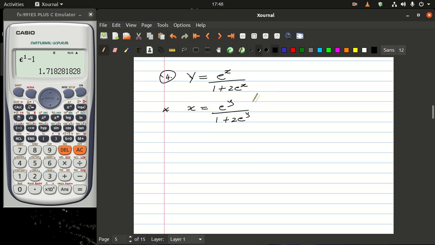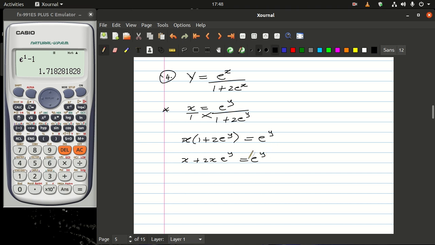Then you cross multiply, and you will end up having x times 1 plus 2e to the power y, which is equal to e to the power y times 1, which is the same thing. Then I distribute this side, and I will end up having x plus 2 times x e to the power y, which is equal to e to the power y.